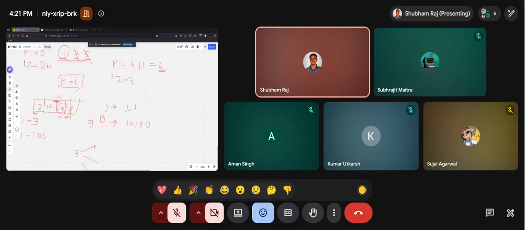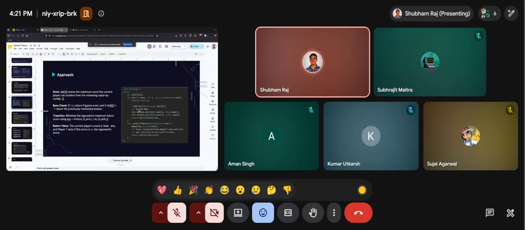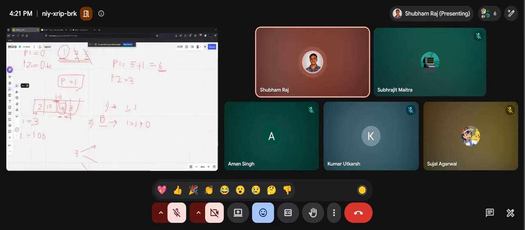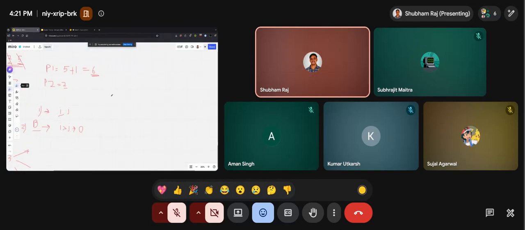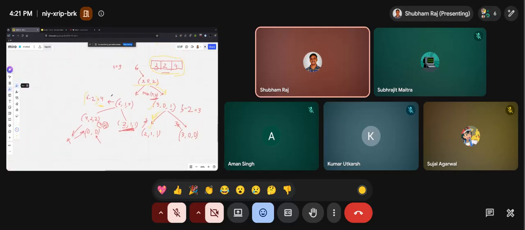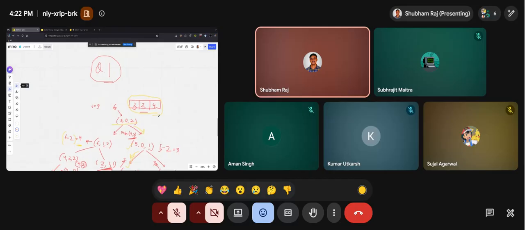So if I show you the approach, it is like this. Let me first take an example and try it on the tree. I previously drew it, okay. So suppose this is a question in which we have 3 elements.